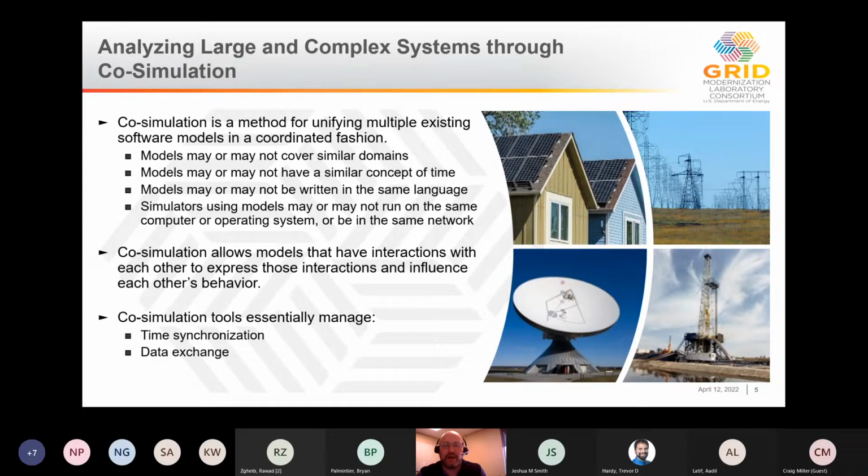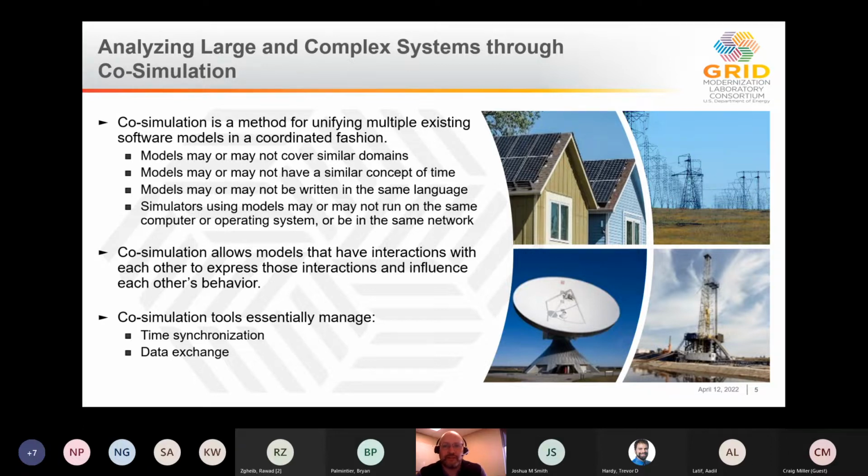And these models and software don't have to be written in the same language. They may or may not be running on the same computer or operating system or even in the same network. The co-simulation allows these tools to talk to each other and have interactions in some kind of common format. And then the key is really influencing each other's behavior, so that when a change in one simulation occurs, it transitions over to the other and back again.